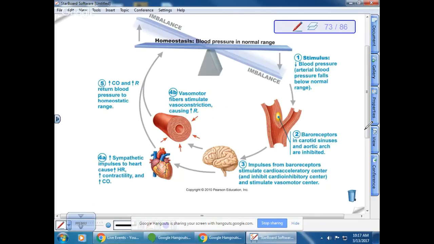And so this causes vasoconstriction and increases the heart rate, and then this increases the amount of blood returning to the heart, and that increases the blood pressure. Okay. So this is the neural mechanism of regulating blood flow.